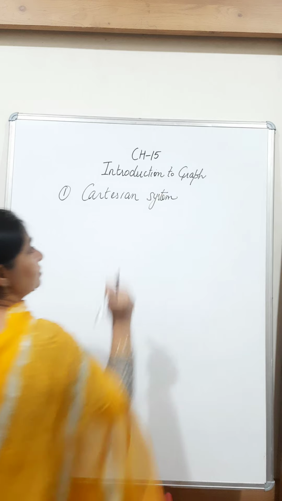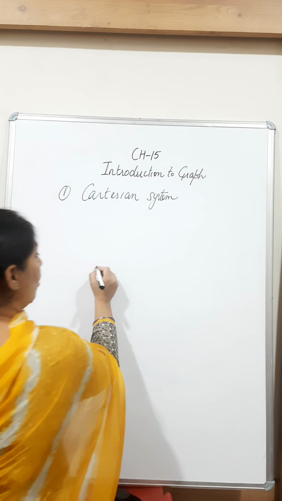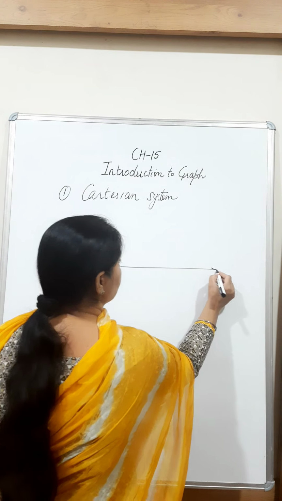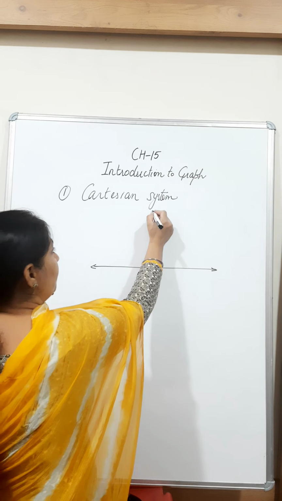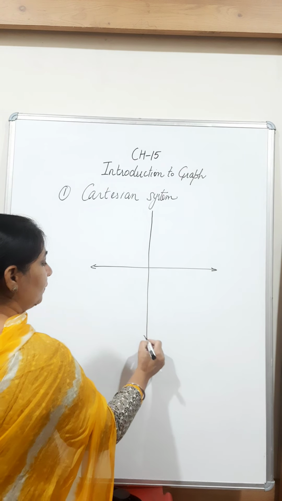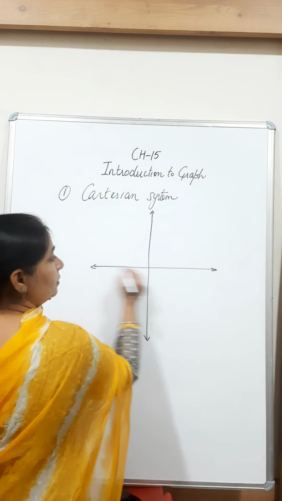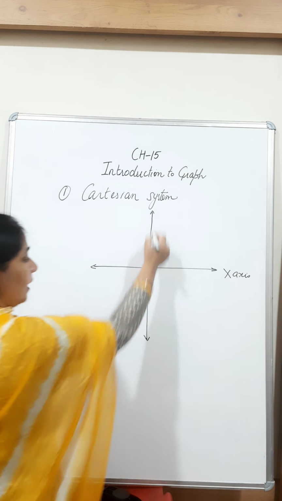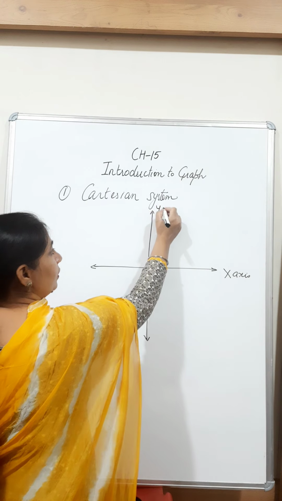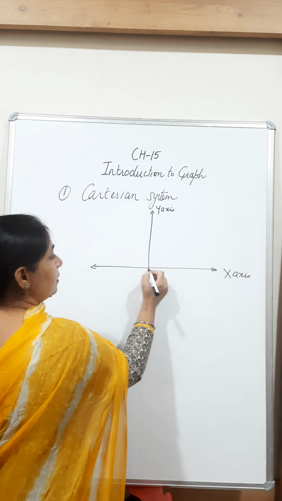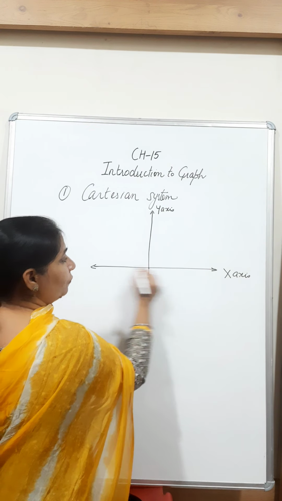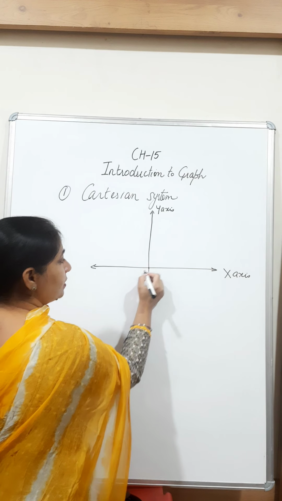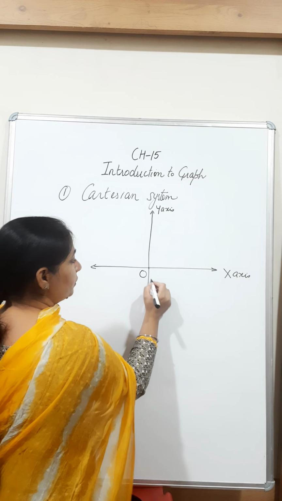What is the Cartesian system, beta? If you draw two lines which are perpendicular to each other, where this horizontal line is called the x-axis and this vertical line is called the y-axis, the point of intersection of the x-axis and y-axis is called the origin.